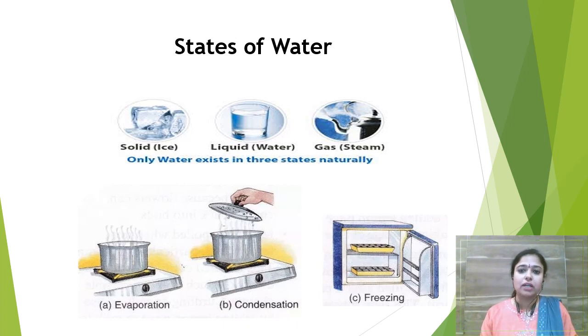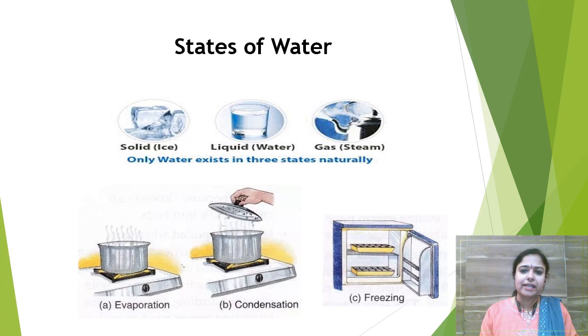Yes, when you hold a cold lid over the water vapor, the vapors condense on the cold lid and change back into water droplets as you can see in this picture. Now if you take some water and keep it in a freezer, then water from its liquid form changes into its solid form, that is ice.